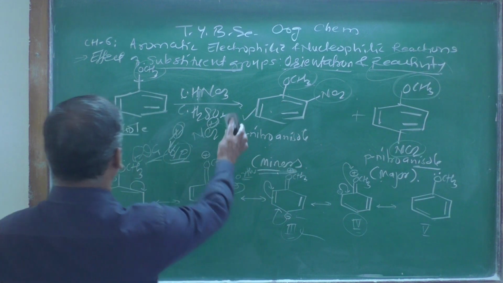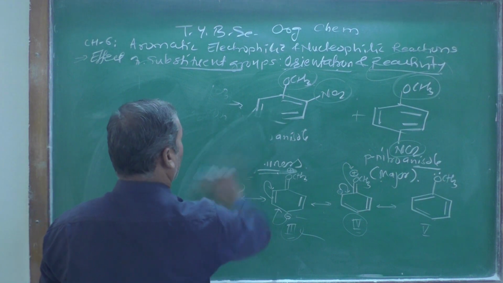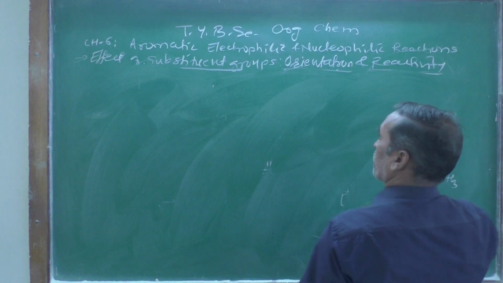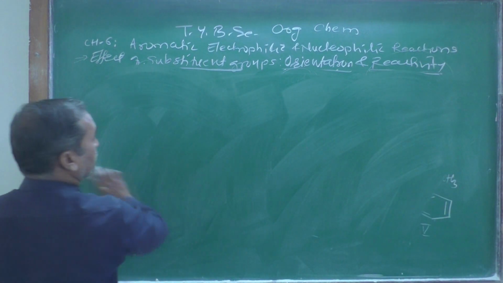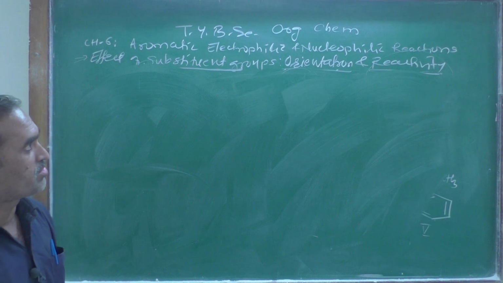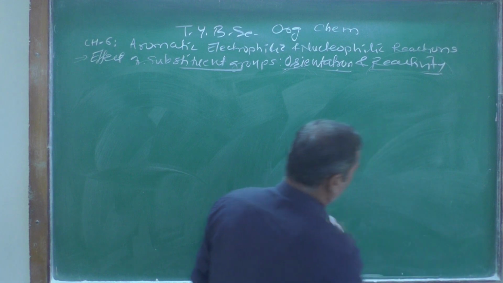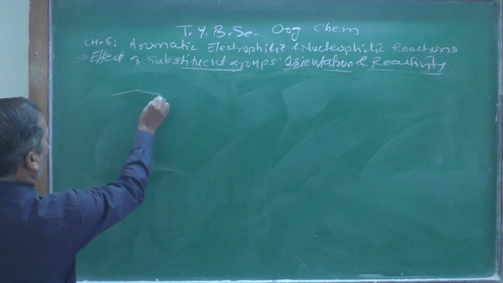Now let us look at another example, where we are talking about the orientation and the reactivity, the effect of a substituent on a group. Suppose I have this structure.